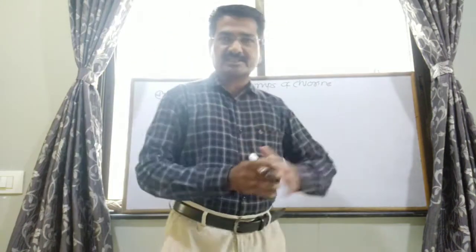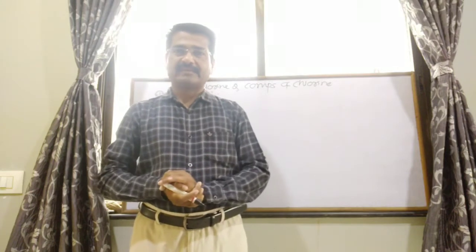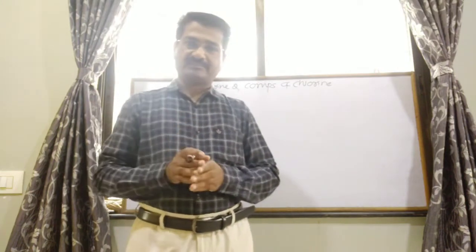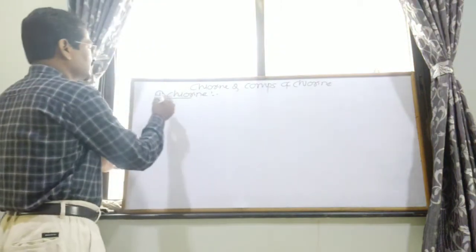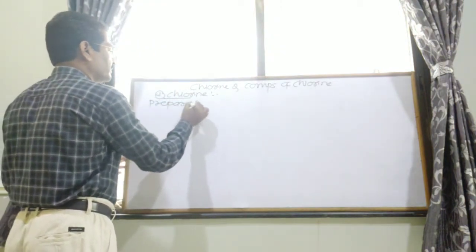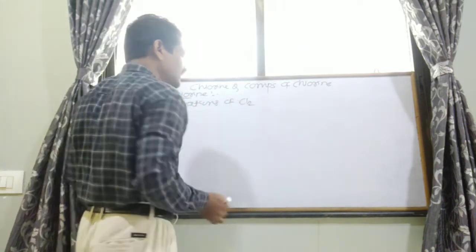In halogens, chlorine is the second element. How to prepare chlorine? So, preparation methods of Cl2, that is chlorine.